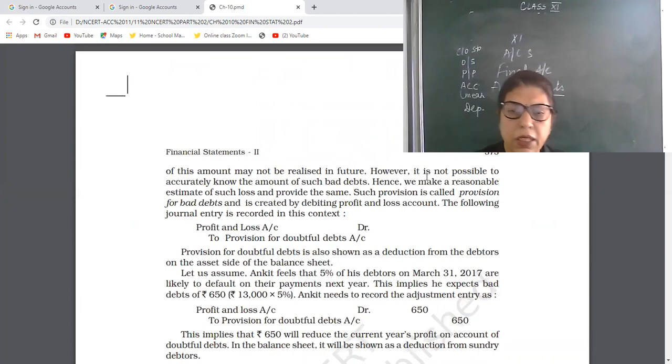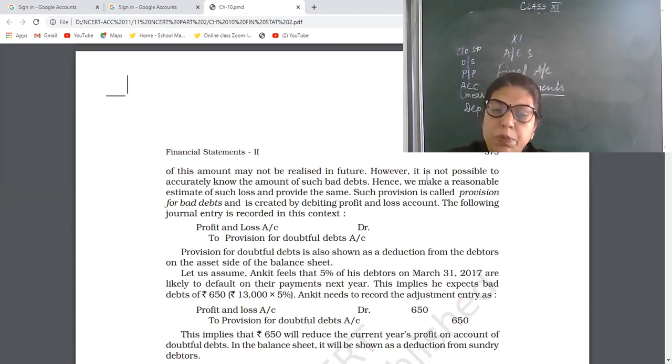This amount may not be realized in future, and it is not possible to accurately know the amount of such bad debts. So every organization keeps some part of profit aside as provision.